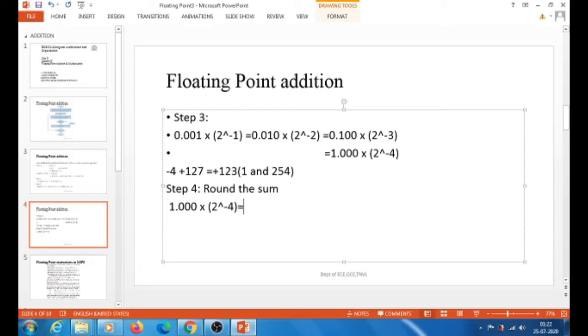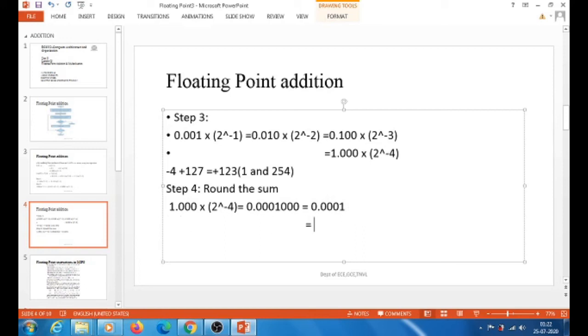So this sum, if I take this 2 raised minus 4, I can directly write this as 0.0001000 to the base 2, which can be represented as 0.0001 to the base 2. This can be represented in terms of 2 power. How shall we represent this?